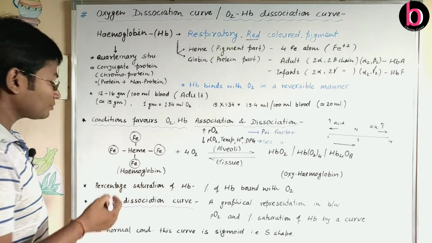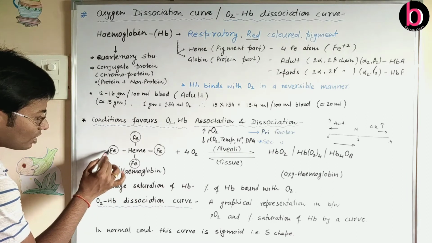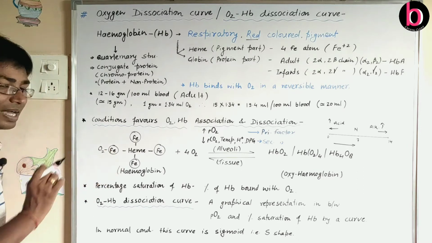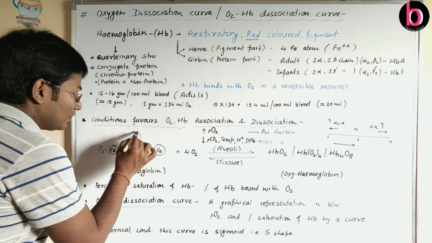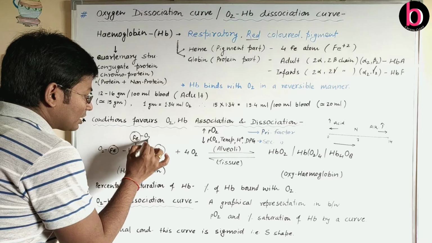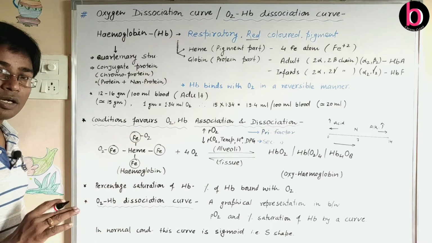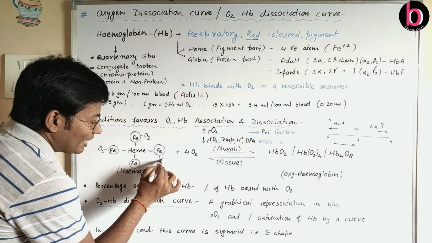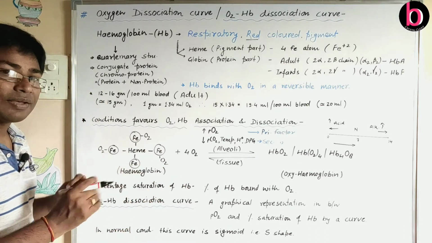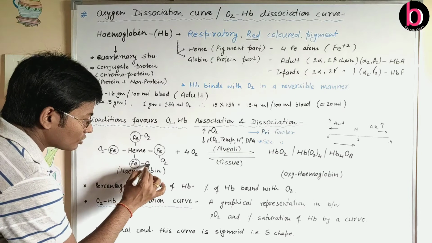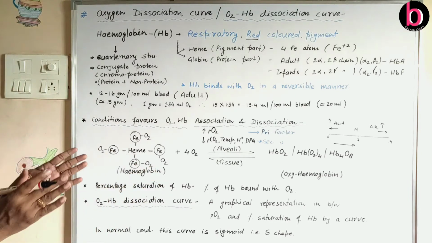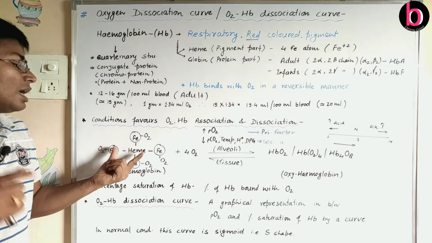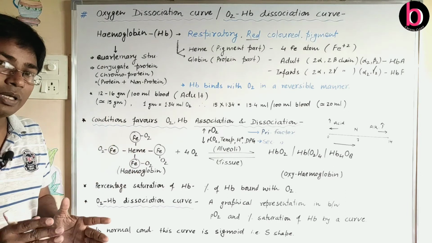So if this iron is bound with oxygen, this is 25% saturation of hemoglobin. If this also binds with oxygen, then 50% saturation. This also binds, then 75%, and this also binds, then 100% saturation of hemoglobin.